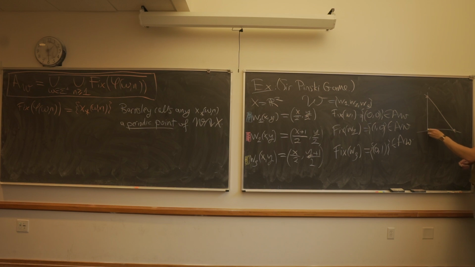What happens if I start here? This is my initial condition. The closest point is this, which means I need to double the distance from it. The distance is 0, so I'm going to stay here. So you cheated, in a sense. You started with a fixed point and you're not going anywhere. Is this clear?